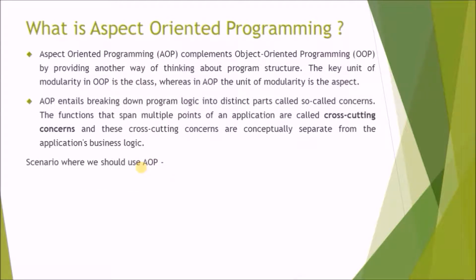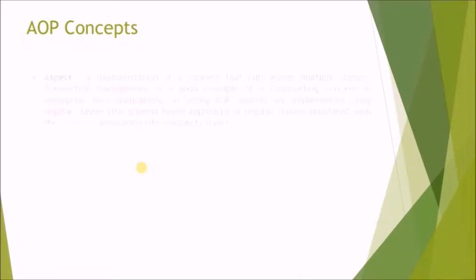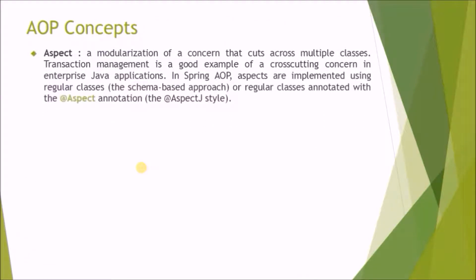A scenario where we should use AOP: logging, auditing, declarative transactions, security, caching. AOP concepts. Aspect: a modularization of a concern that cuts across multiple classes. Transaction management is a good example of a cross-cutting concern in enterprise Java applications.